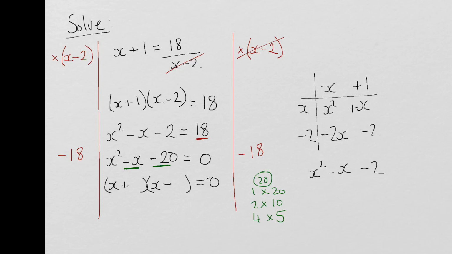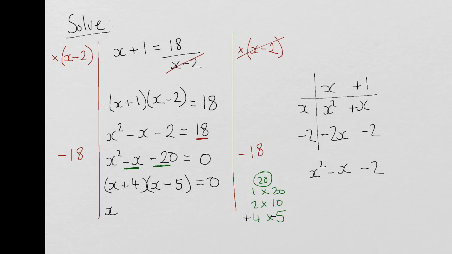For it to be minus 1 overall, I must have had a positive 4 and a negative 5. 4 adding on negative 5 would give me that negative 1. So plus 4, subtract 5. That's not quite the final answer yet though.